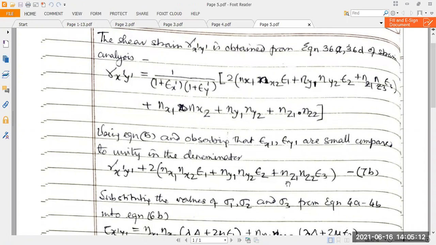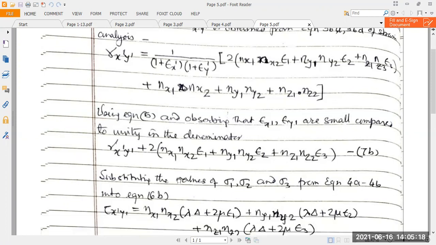Substituting the values of sigma 1, sigma 2, and sigma 3 from equation 4 and b, this equation will take this particular form: nx1 nx2 gamma lambda times the mean epsilon, ny1 ny2 gamma lambda times the mean epsilon.